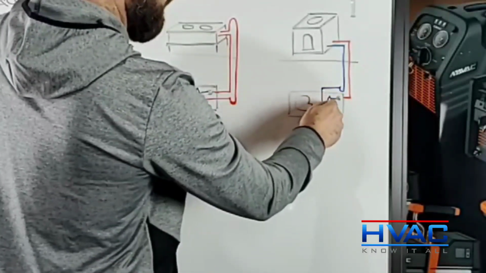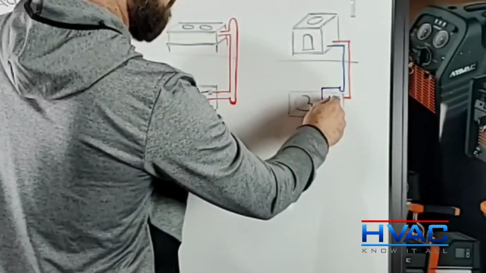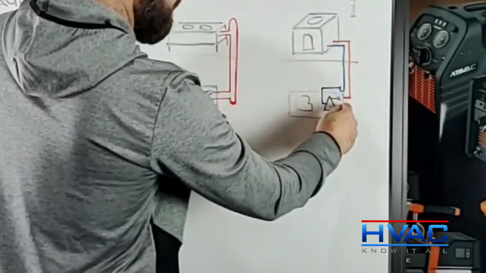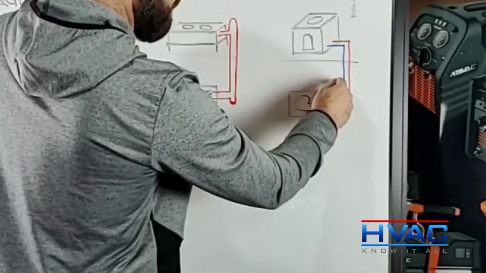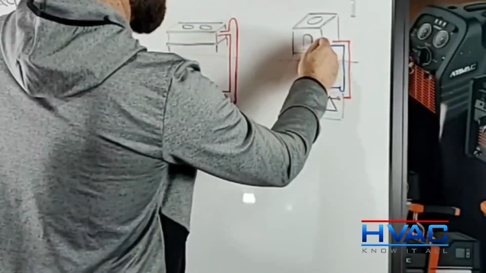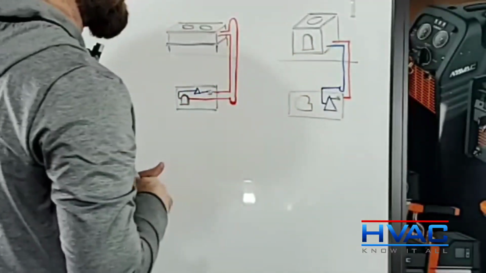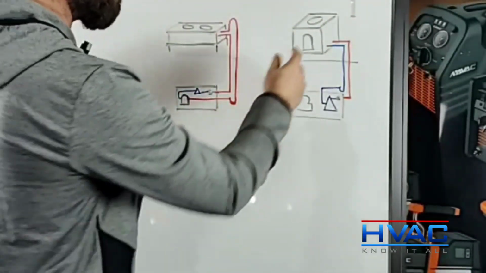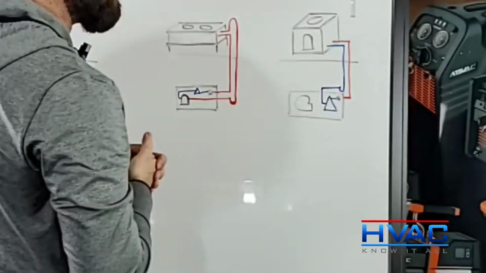It's not running back and logging in the evaporator right here. We want to keep it trapped in here. So when that compressor starts up, that velocity is going to take the oil that's in the trap and move it back up to the compressor right here. Now, on a style like this, I haven't seen a lot of inverted traps, but it's not a bad idea to do so.